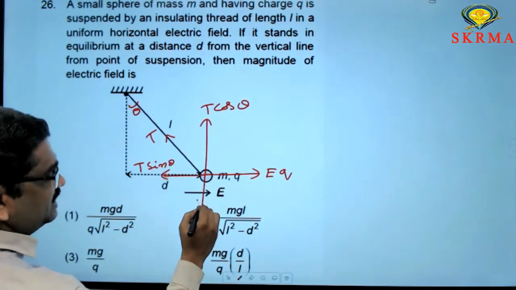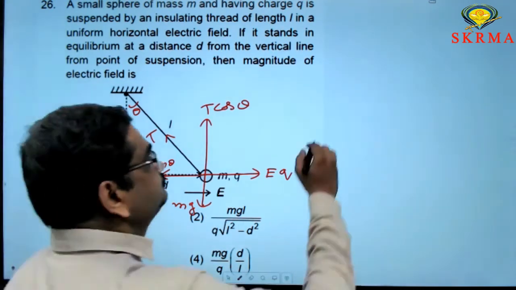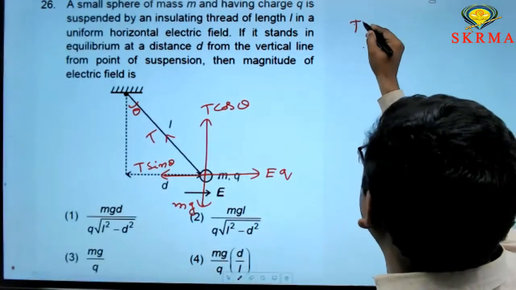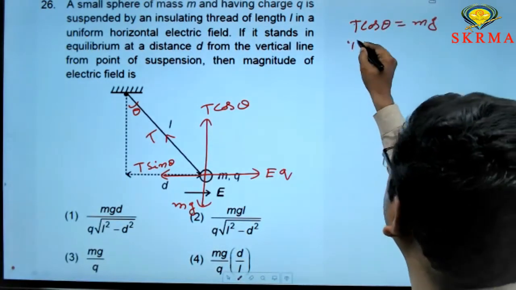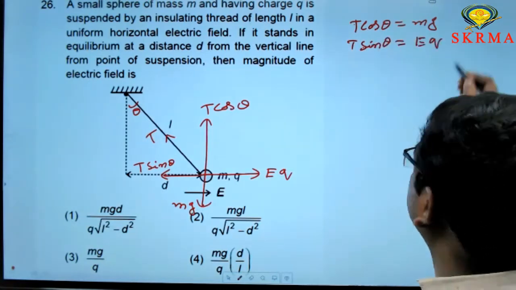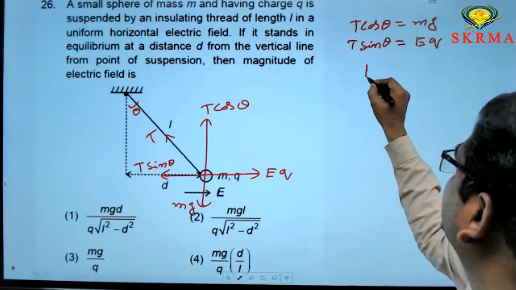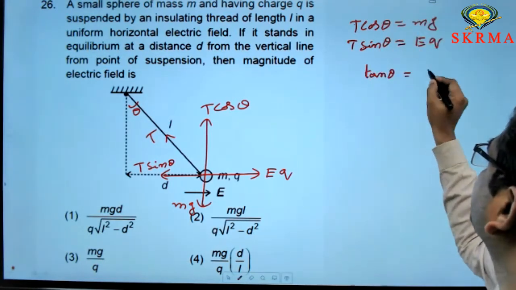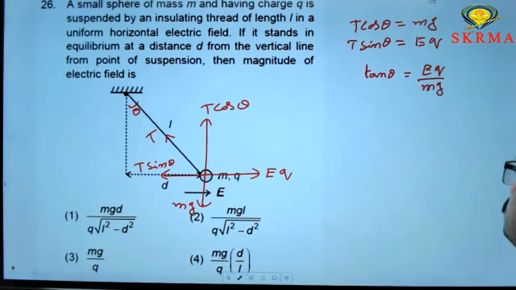And in this direction weight mg will act. Now write down the equation. In equilibrium, T cos theta equal to mg and T sin theta equal to EQ. Now take the ratio between these two. Sin theta by cos theta, nothing but tan theta equal to EQ by mg.